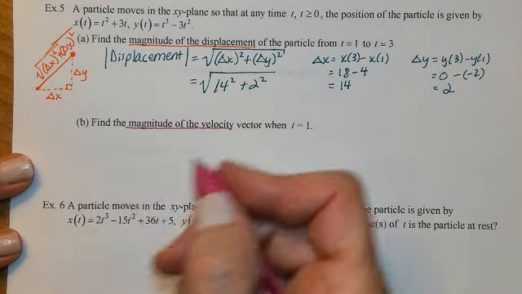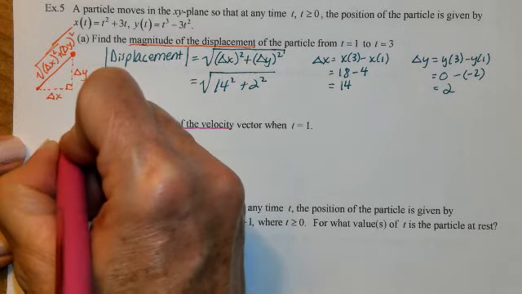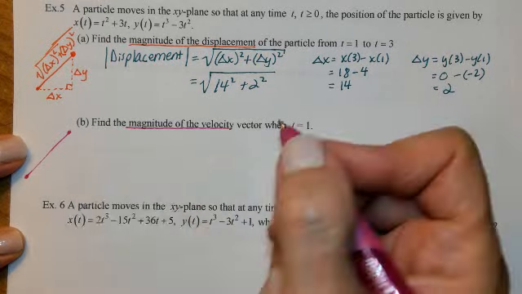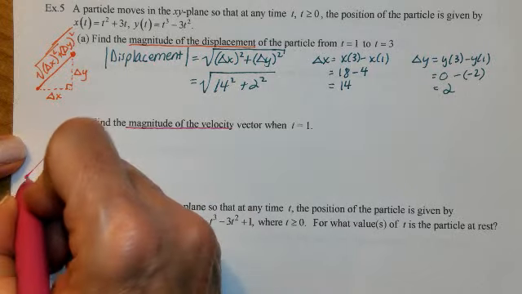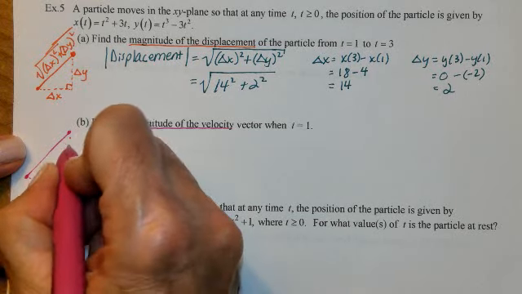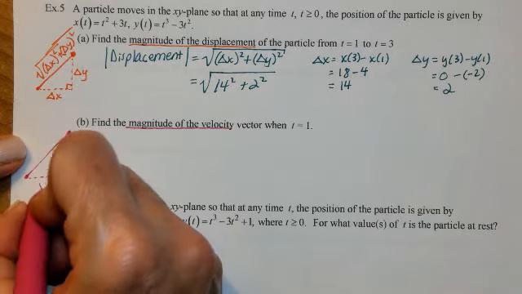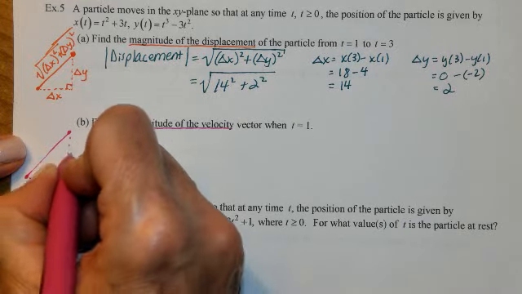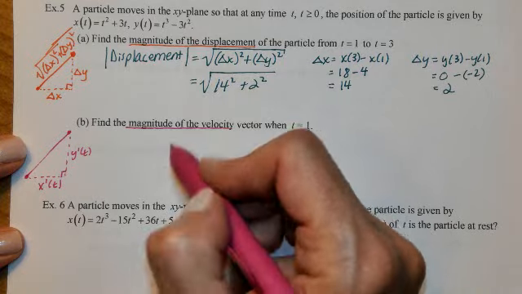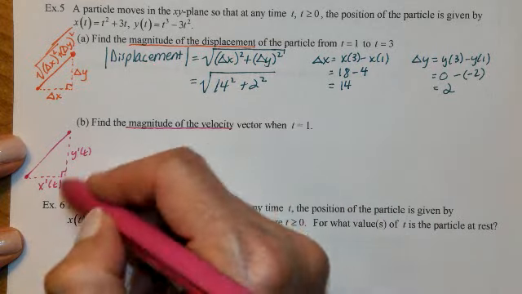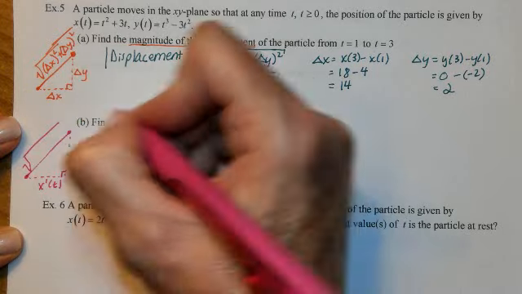Again, velocity is a vector. We want to find the length of the velocity, right? It has components. What are the two components of the velocity vector? x prime of t, y prime of t. Those are the two components. So when you're finding magnitude, break them into the components. That way you won't have to memorize things, you'll just know it.